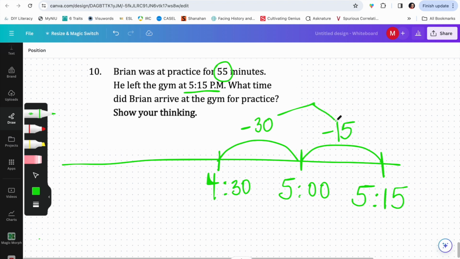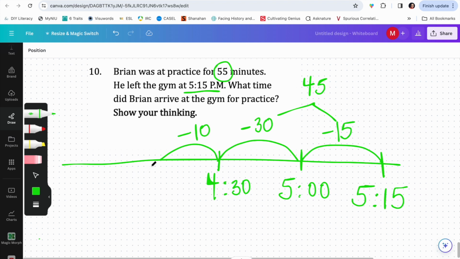Let's see how long we've traveled so far. We're looking at 30 and 15, which is going to be 45 minutes. We know that he practiced for 55 minutes. The difference between these two numbers is just 10. So we take back one hop of 10 from 4:30.